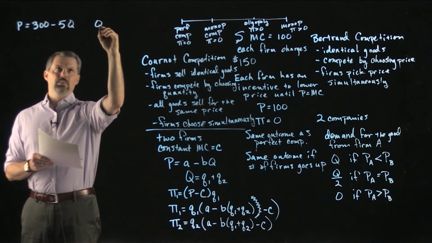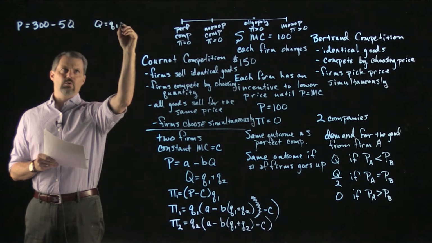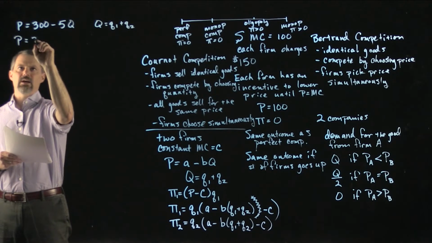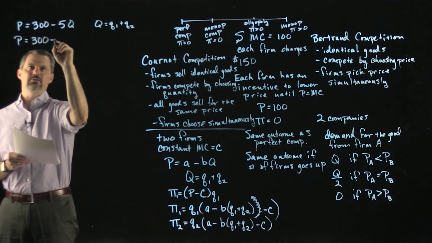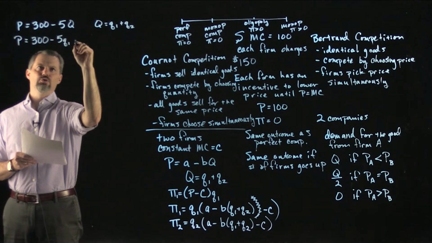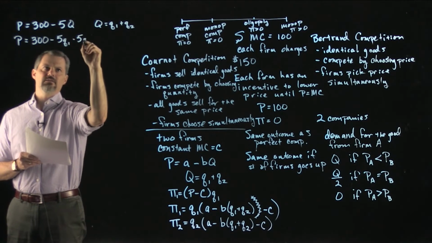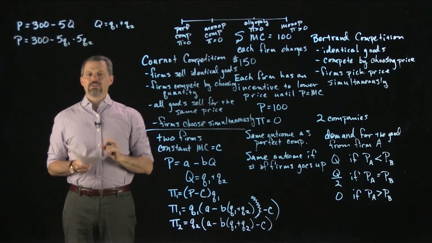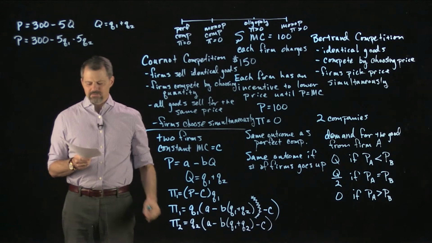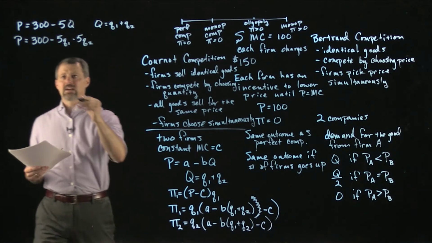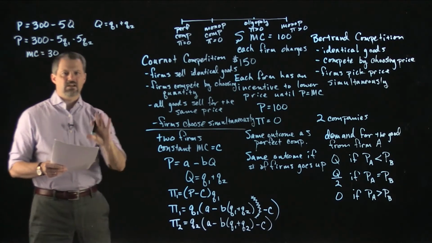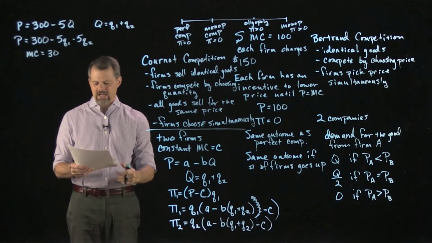Remember that big Q is equal to little q1 plus little q2. So the market demand curve actually looks like this: 300 minus 5q1 minus 5q2. There's the market inverse demand curve with two firms. And let's make our marginal cost constant at $30. Fixed cost equal to 0, so that's also equal to average total cost.